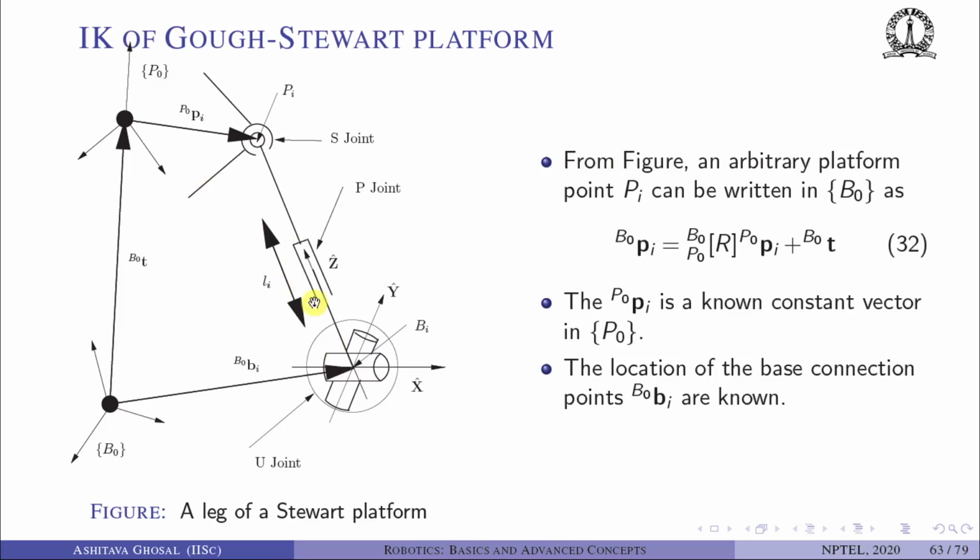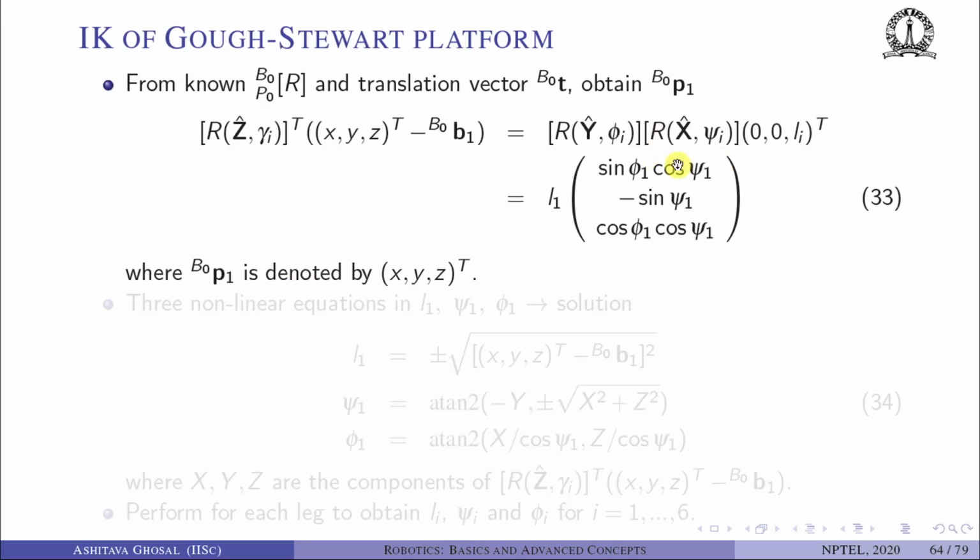So this vector here can be written as this vector minus this vector. We know this vector from this argument, that the position and orientation of the moving plate is known. So from this vector, if you subtract this fixed vector, we'll get a vector along this. Now this vector is basically due to two rotations at the U joint and one translation. Okay, so that is what is written here.